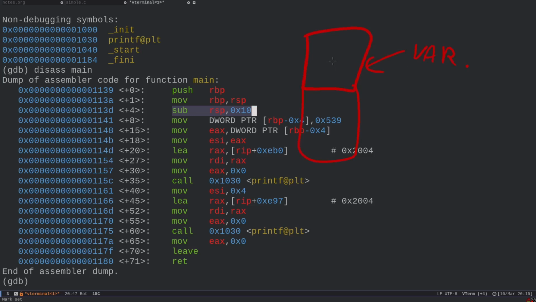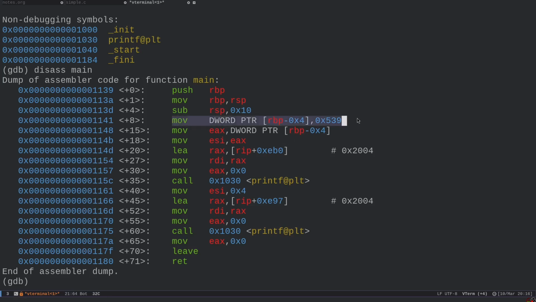So all the local variables are going to go into this stack frame for the main function, and this just creates that exact space. Then, as you can see here, we do a move, so we take this static value, 0x539, and we put it into the memory region that is addressed by the value of the register RBP minus 0x4.